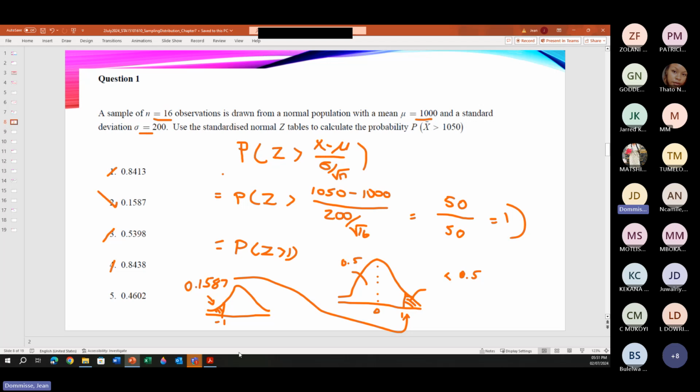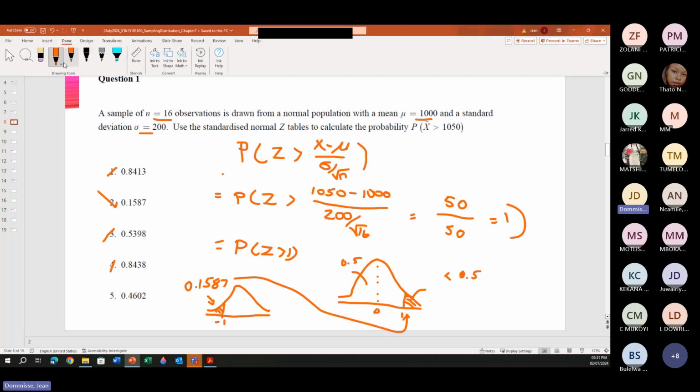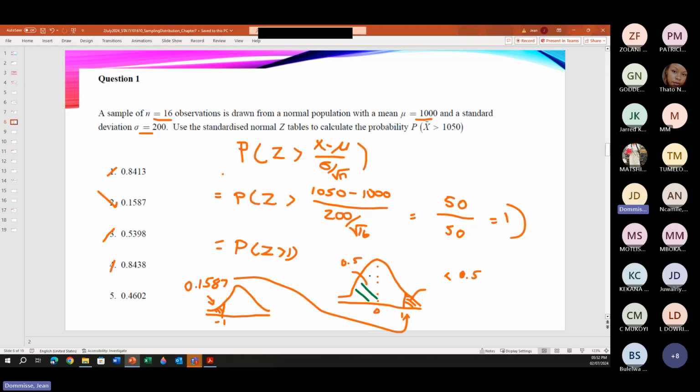The other way we could have done it is to say, well, this orange portion, how we're going to work it out is we're going to use the positive table. We're going to look at the positive probability of Z equal to 1. But then remember, we sit with a green space. So we need to say 1 minus that green space, and that must also give us the same answer.